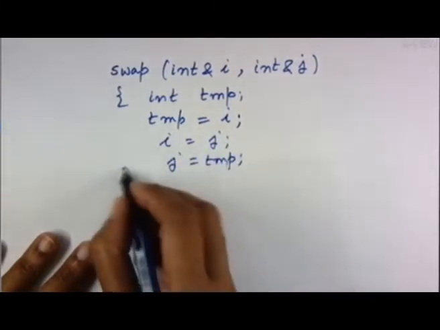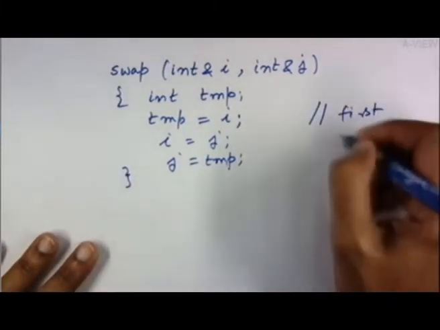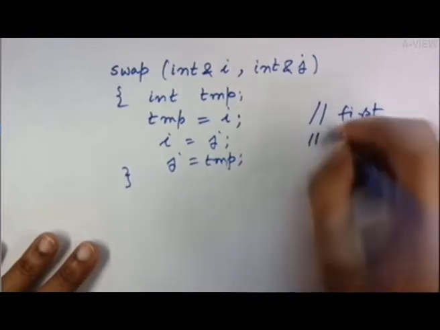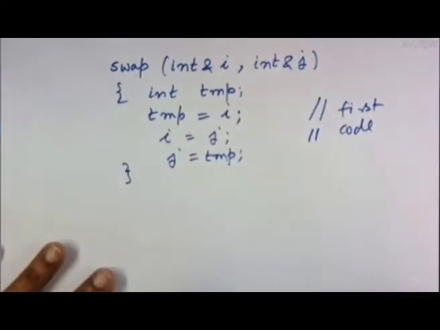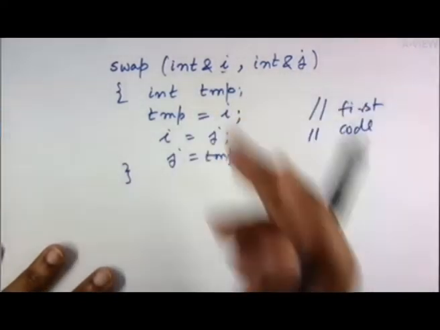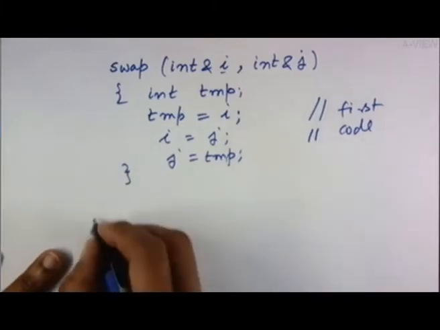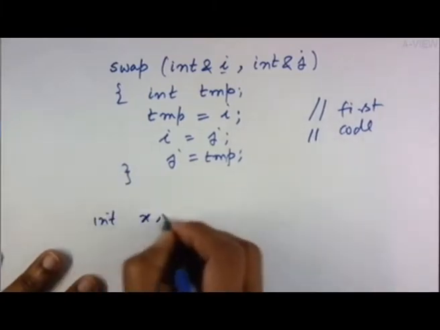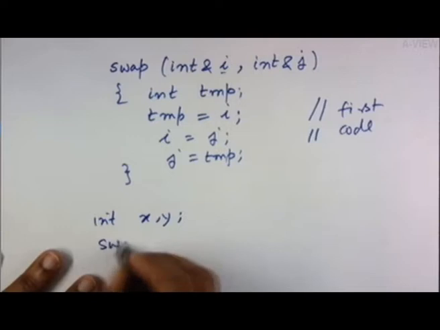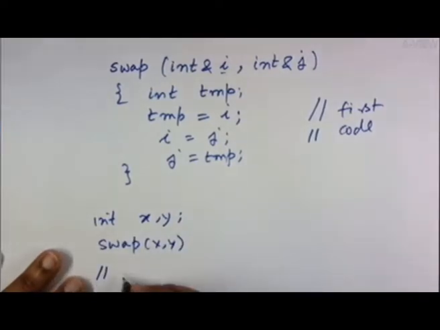Exactly like the call by value code, the first code. So much easier to write for the user. I'm not dealing with pointers. I just am using aliases I and j, and I'm swapping the values of the objects through the aliases. How do I call? I write int x comma y, and I just use swap x comma y. And if you do it, you will see the values of x and y have changed.